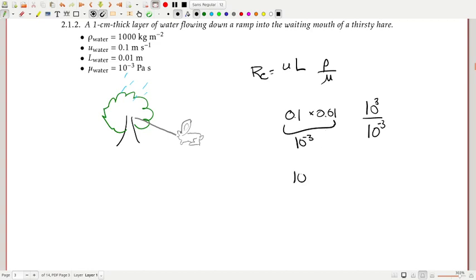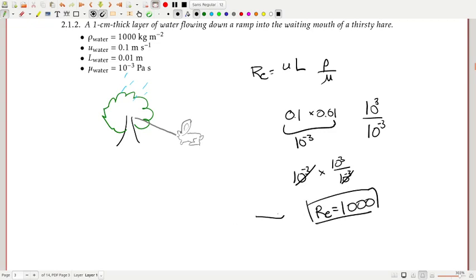So we have 10 to the minus 3 times 10 to the 3 over 10 to the minus 3. And so these two would really make this 10 to the 6, but it's nice and convenient. We can cancel out these two terms, and then we get the Reynolds number is equal to 1,000, right? 10 to the 3.